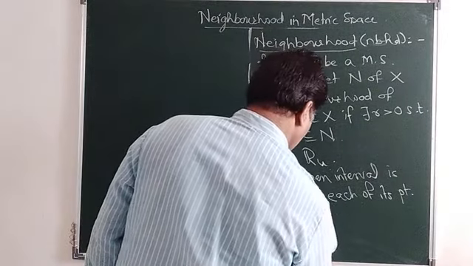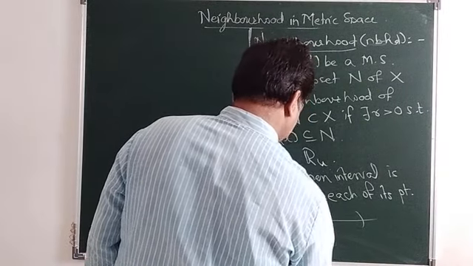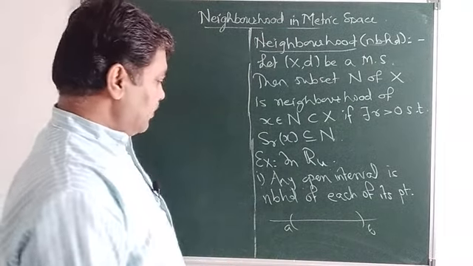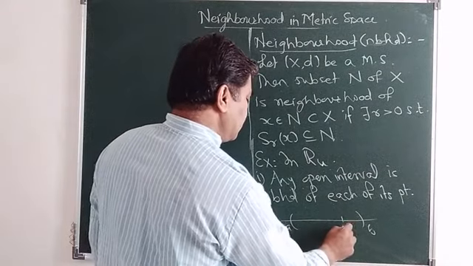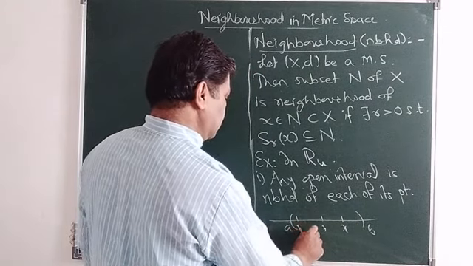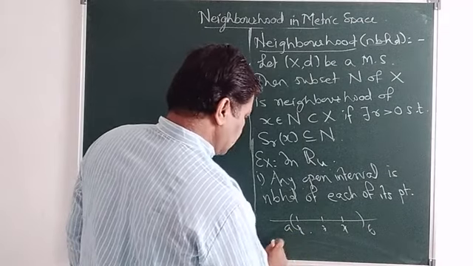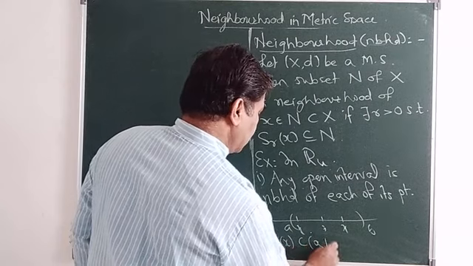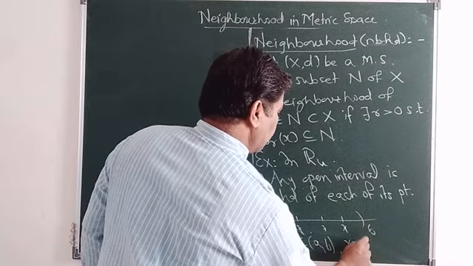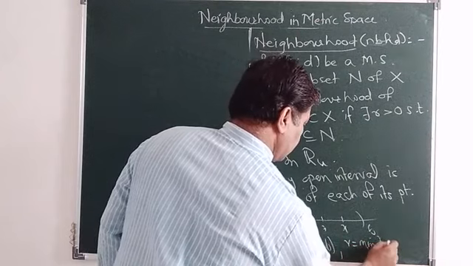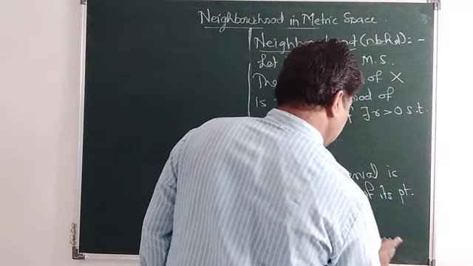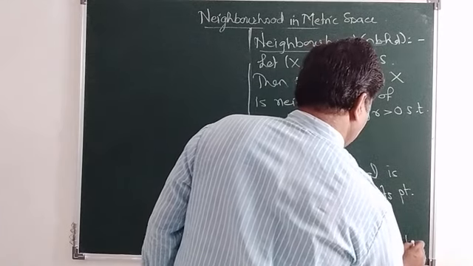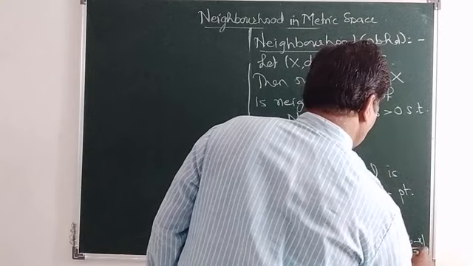Whatever your interval may be, if I take the open interval (a, b), and if I take x to be a point here, here or here, then S r of x must be contained in (a, b) where r is equal to the minimum of mod of x minus a by 2 or mod of b minus x by 2.